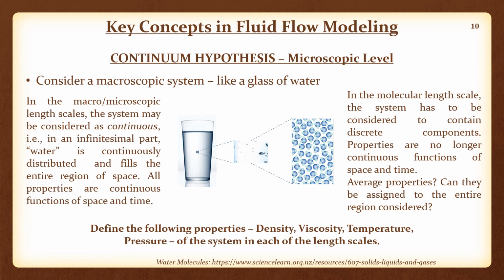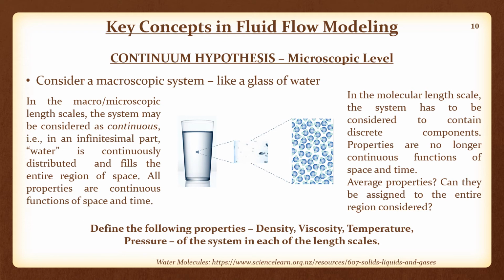So properties are no longer continuous functions of space and time. I have to literally count each molecule, how many molecules are there, and then depending on that I have to define properties. So I may be able to write average properties now, but I have to look at ways in which I can assign those average properties to the entire region considered, and what sort of fluctuations exist from the average, because these are all discrete entities, discrete H2O molecules.